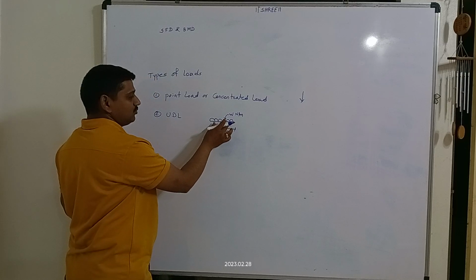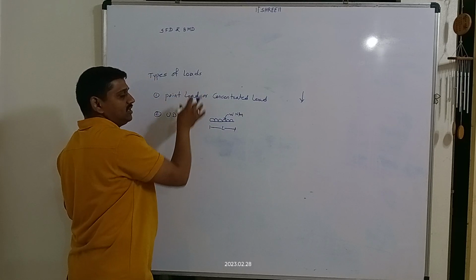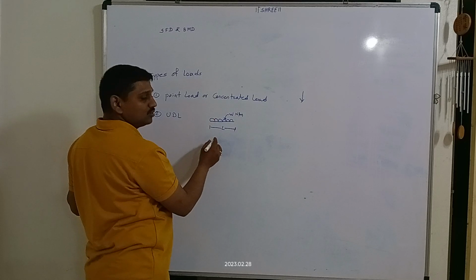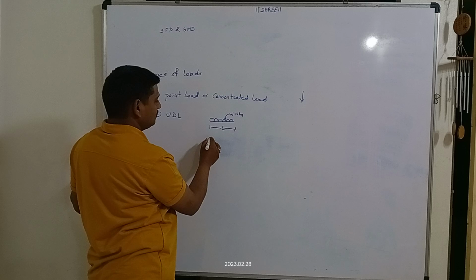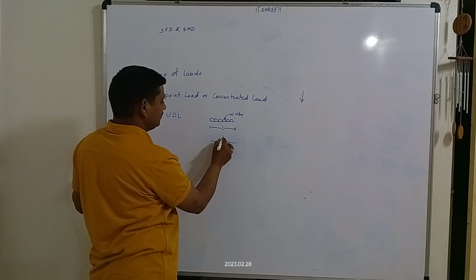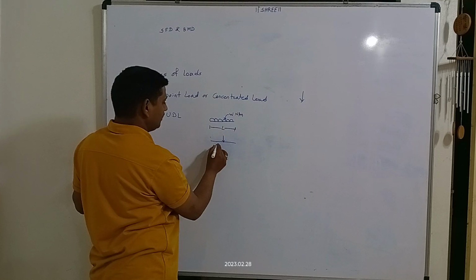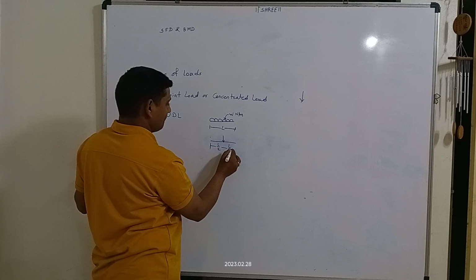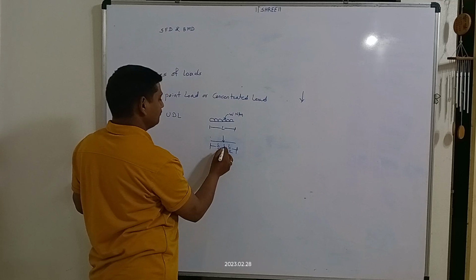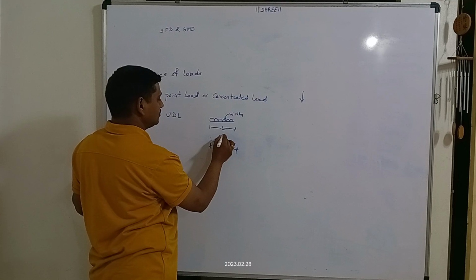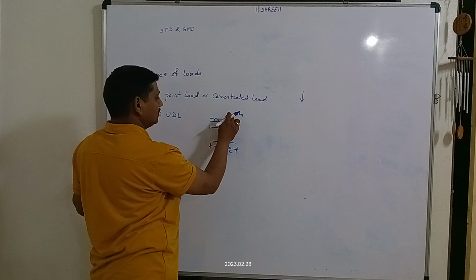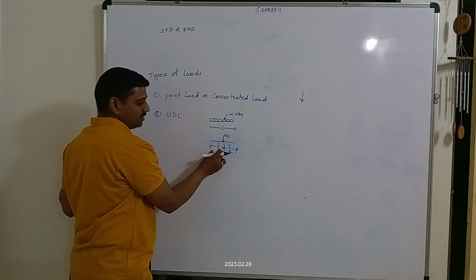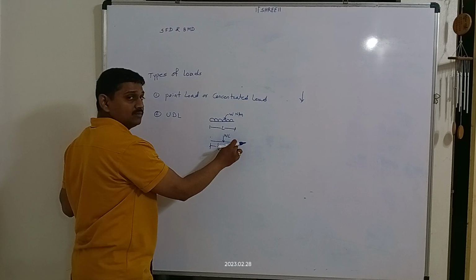For solving the SFD and BMD, we have to convert this UDL into point load. How to convert this? Simply we can take a load at L by 2, and the value of force is W into L, the UDL into length, which is acting L by 2 from left hand, L by 2 from right hand.